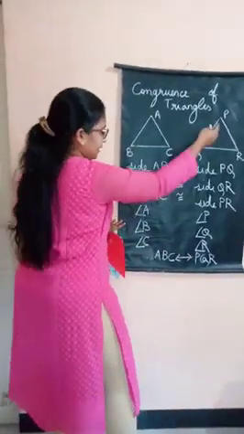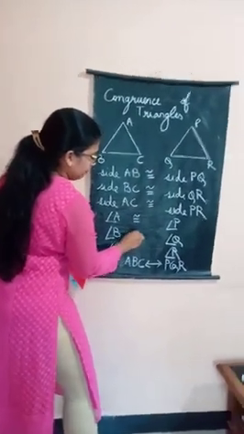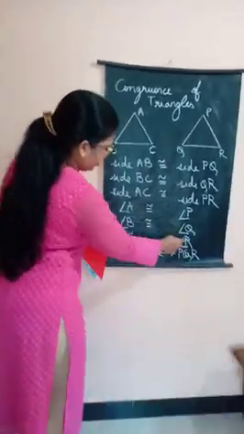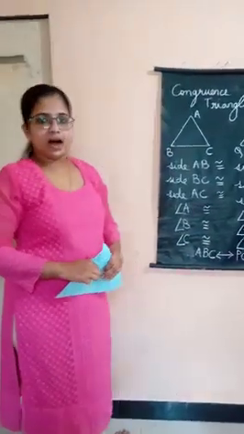Similarly, angle A would be congruent to angle P, angle B would be congruent to angle Q, and angle C would be congruent to angle R.